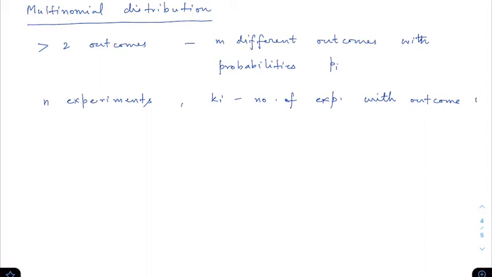Then the probability distribution function is given basically by a generalization of what we had for the binomial case.